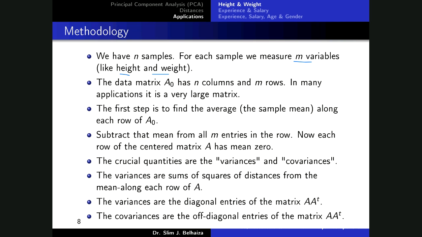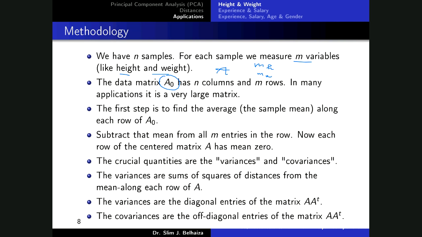So we obtain the data matrix we call A. If you subtract from every entry in every row the average of the corresponding row, let's say the average height is subtracted, and the average weight, you obtain what we call the centered matrix A0.